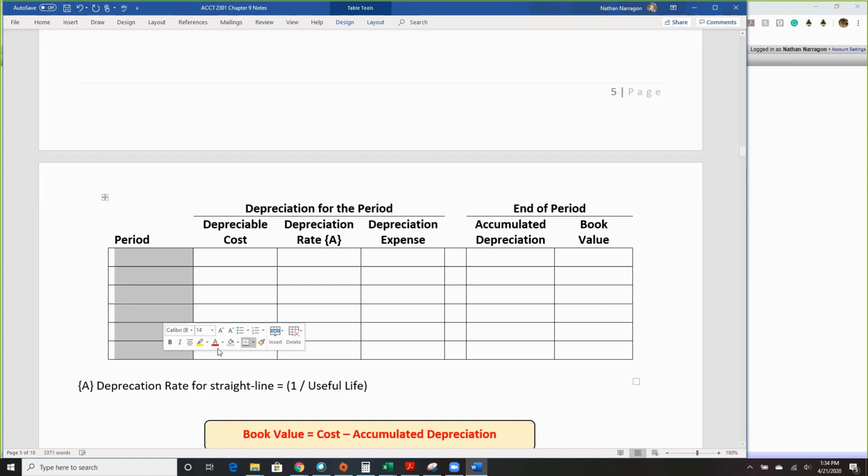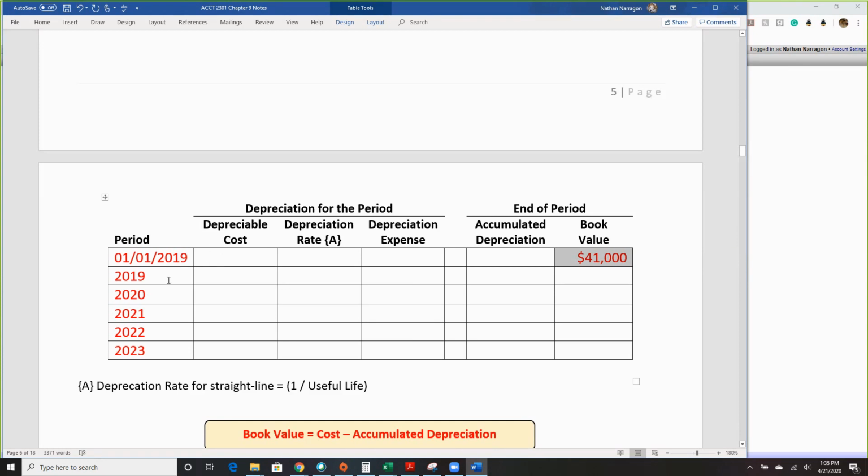So, with these, we're going to list the periods. I'm listing the date, basically for one thing, and that's to establish the beginning book value. Okay? You're going to see why I have it like that. Because this makes it a lot easier.